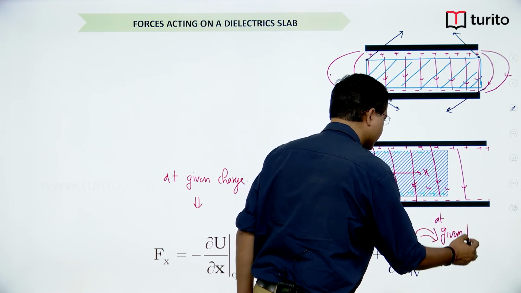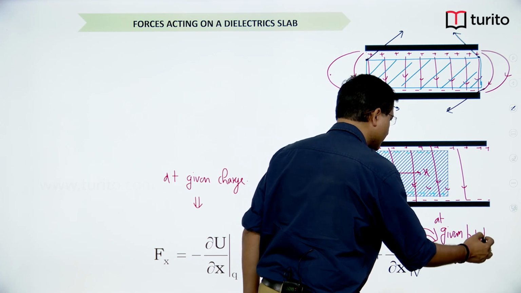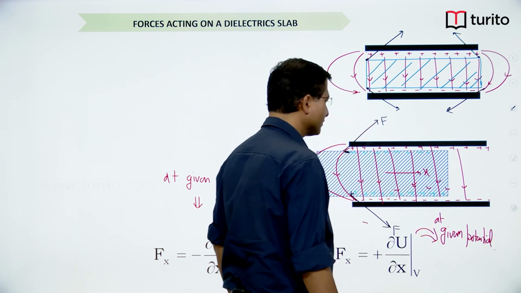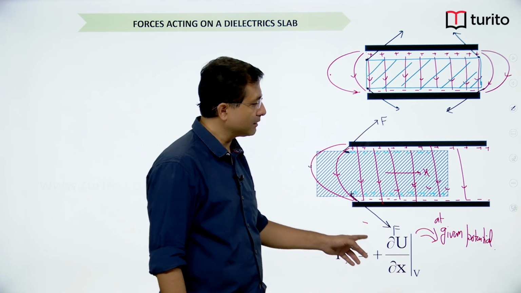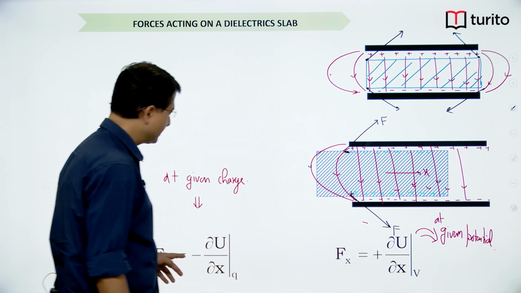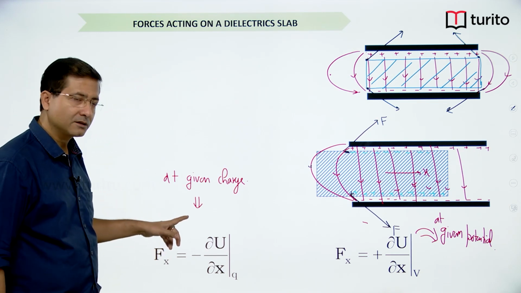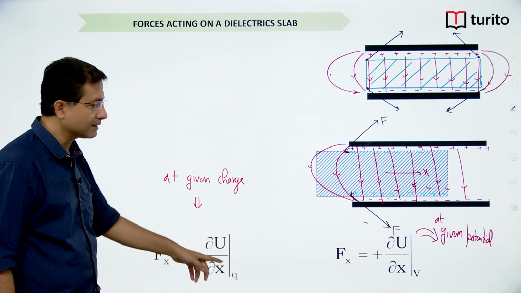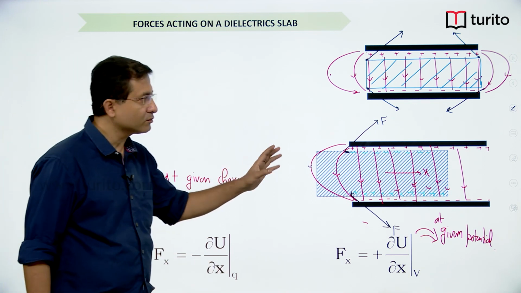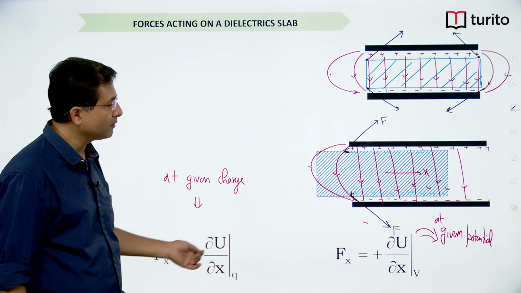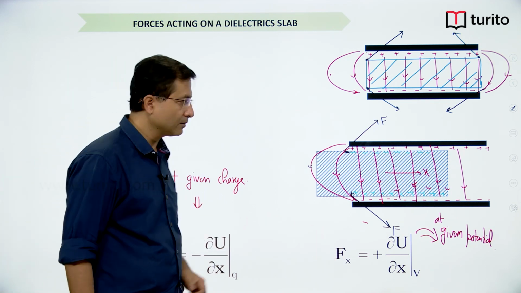So, at given potential we have this formula, dU by dx with a plus sign, and when charge is constant the formula is minus dU by dx, right. So, depending on the two situations, we either apply this formula or this formula, right.